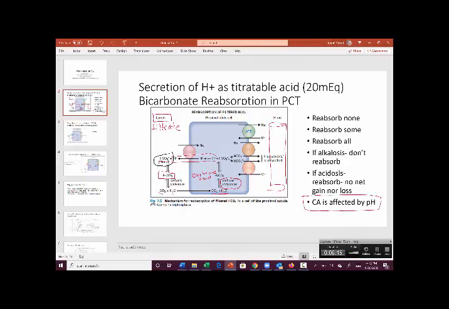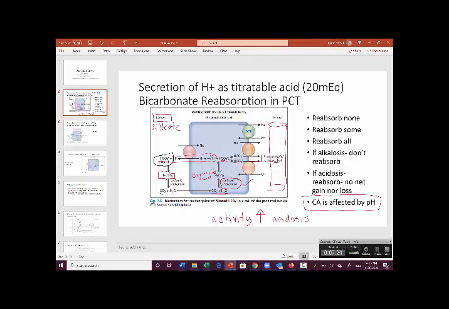Carbonic anhydrase, the enzyme that facilitates this reaction in the proximal convoluted tubule, is no different. The carbonic anhydrase activity is increased when a patient is in acidosis. And that's perfect, because then you would be secreting more hydrogen, and when you are having the carbonic acid dissociate into hydrogen and bicarb, when you secrete that hydrogen, notice what happens to the bicarb.